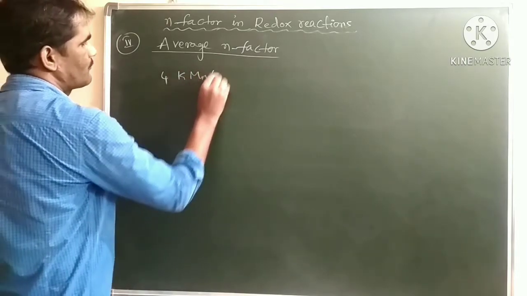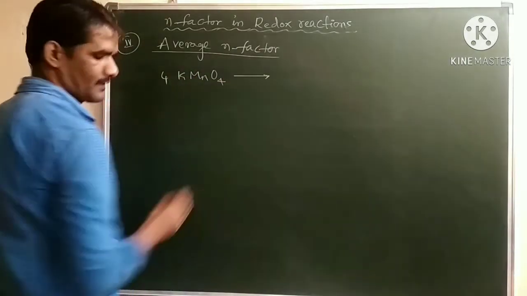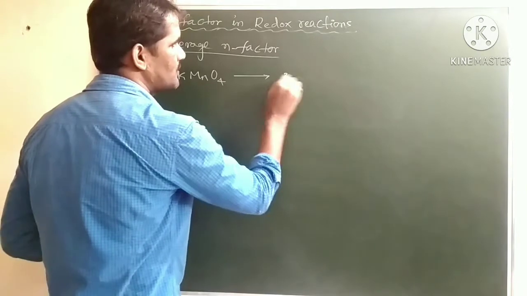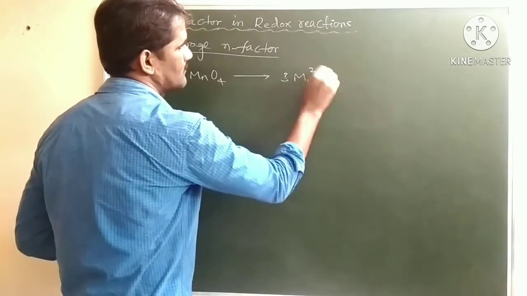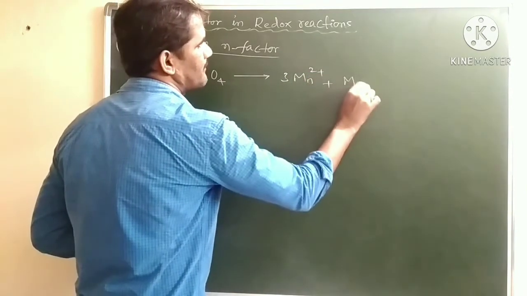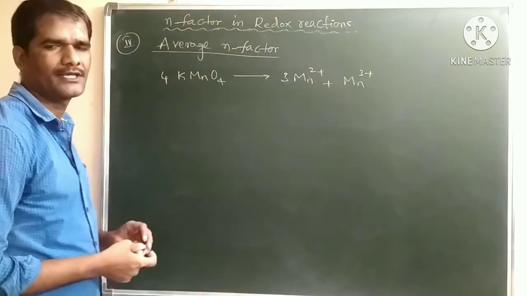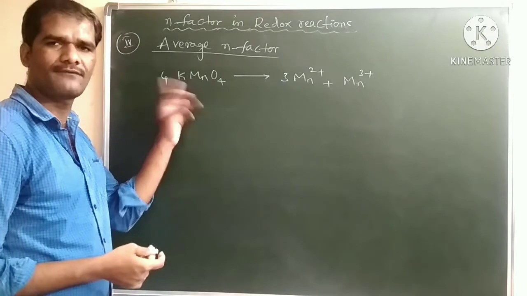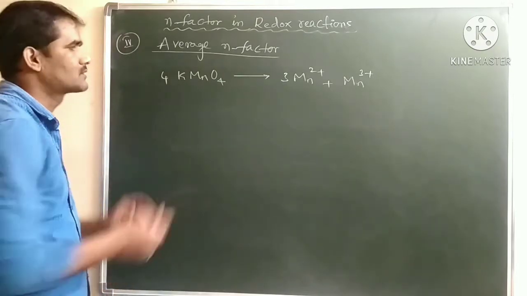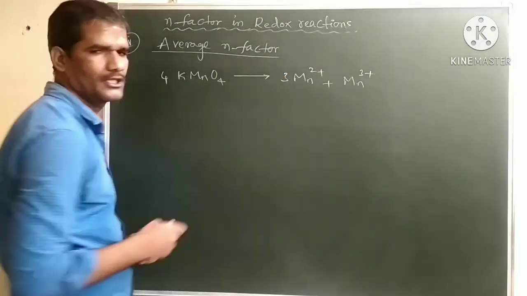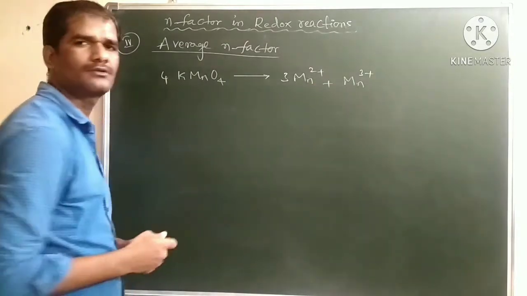Four KMnO4 is giving 3 Mn2+ and 1 Mn3+. Again in this case, what is the average N factor, nothing but the N factor of KMnO4? Out of 4 molecules, 3 are changing into +2 and 1 is changing into +3.